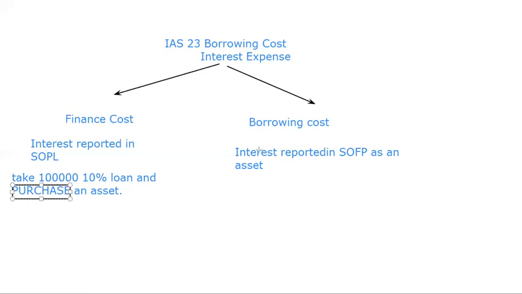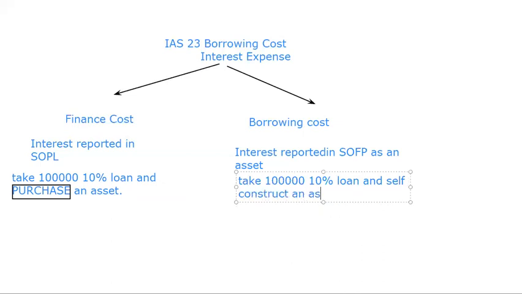And borrowing cost is when we take a 100,000, 10% loan and self-construct an asset.